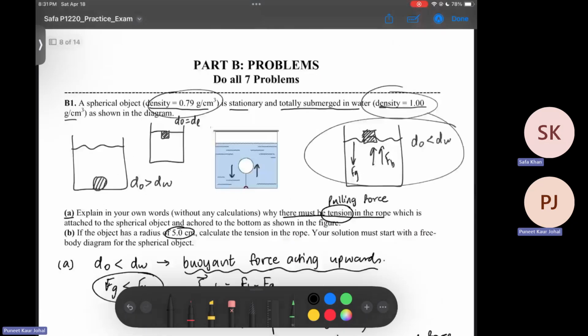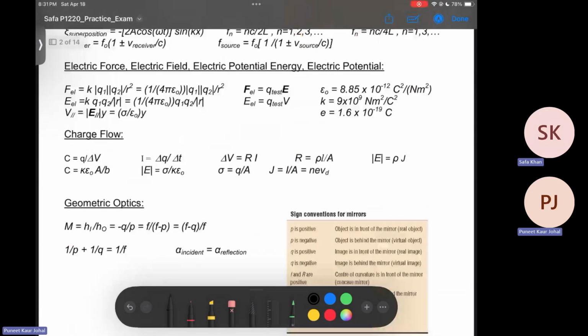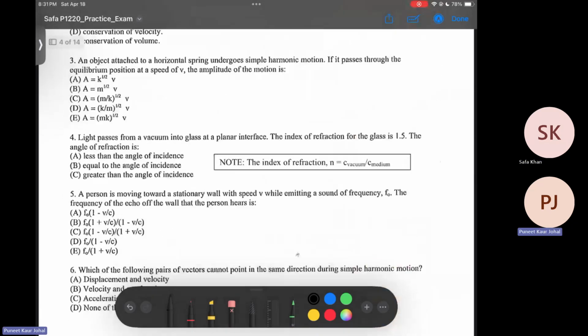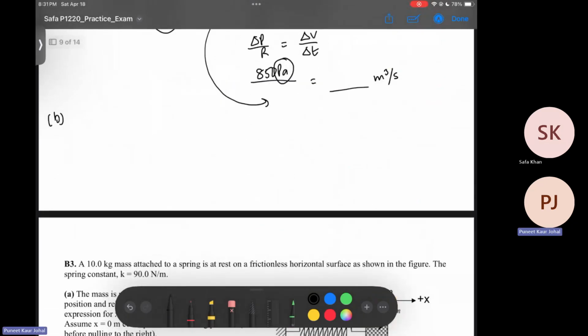You remember the equation? Okay, good, then I can just proceed without looking at it. So the equation of continuity is your total volumetric flow rate, A1 V1 equals A2 V2.